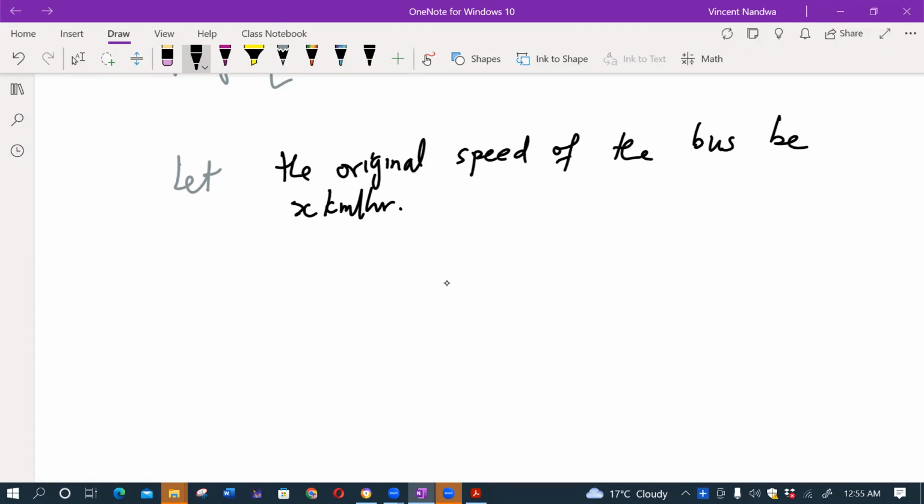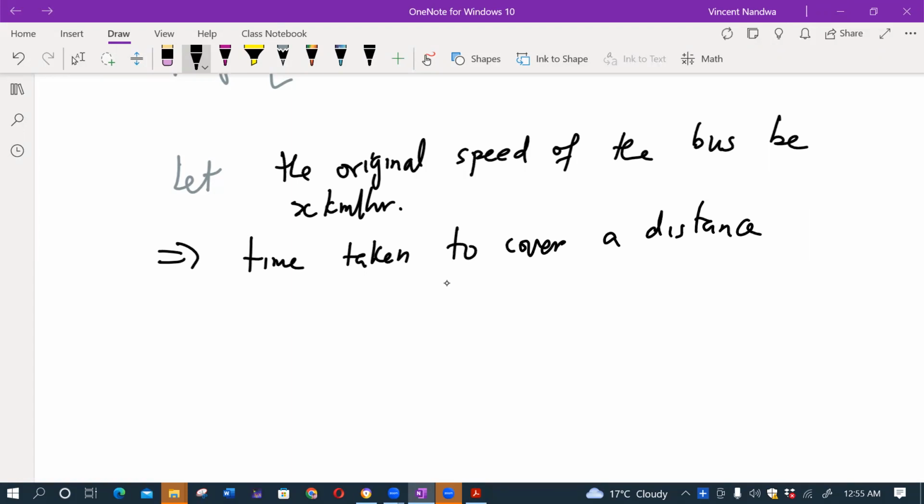Then the time taken to cover a distance of 90 kilometers is 90 over x hours.